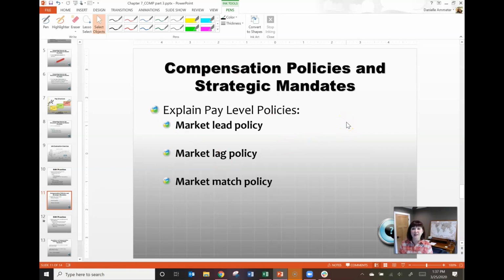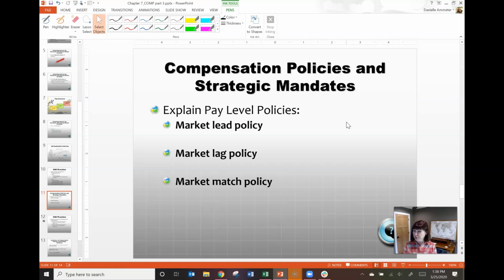So explain pay level policies. Again, thankfully, HR professionals are not complicated. Market lead policy is just that. It says, we know what the market is paying, and we feel like we should be paying more. We really need to attract and retain the highest level of employee that we possibly can for this pay structure.